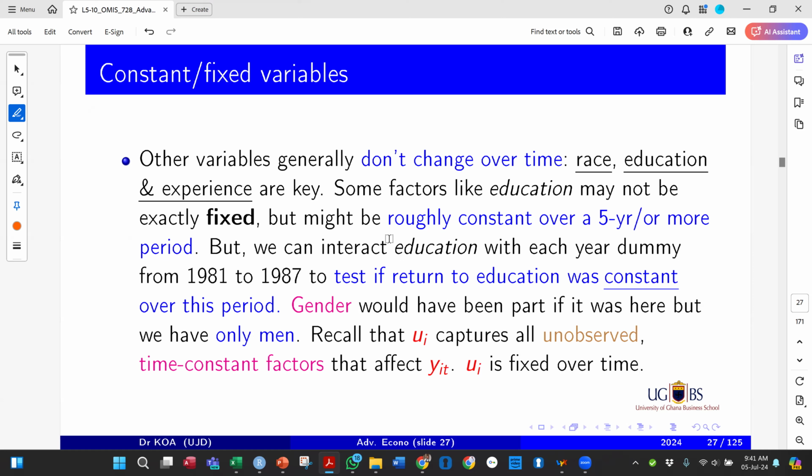So education may not be exactly fixed, but it might be roughly constant over 5 years. Because over the 5 years, the student may not necessarily want to leave the school, with a scholarship or something like that, and then go and actually work. So we introduce education as fixed, but we will interact it with the yearly dummies.